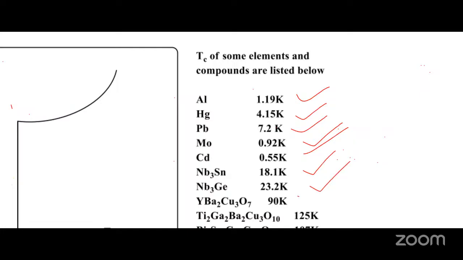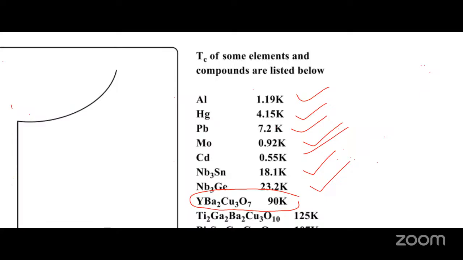After that, as we told just now, there is the 1, 2, 3 material, YBa2Cu3O7: one yttrium, two barium, three coppers combined with oxygens, which gives 90 Kelvin. At 90 Kelvin, the resistance of the material becomes zero. Hence, that state is known as the superconductivity state.